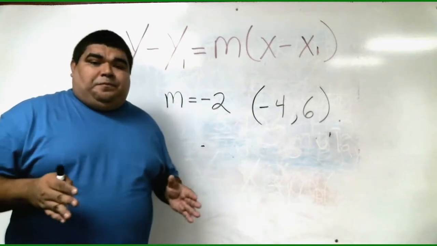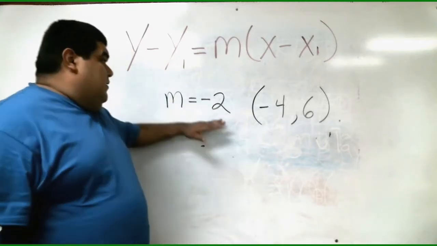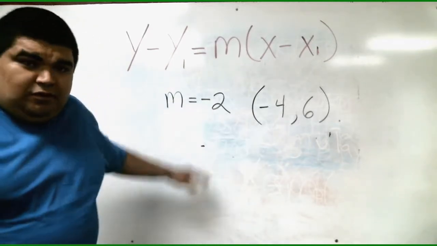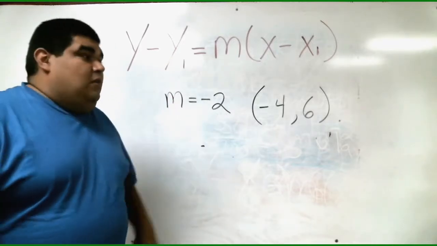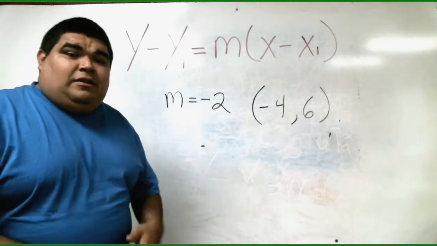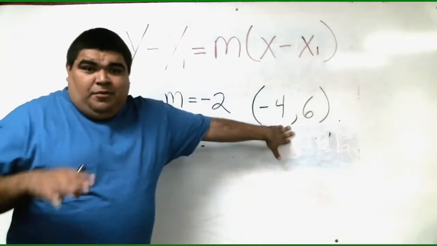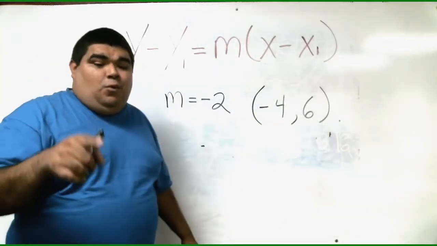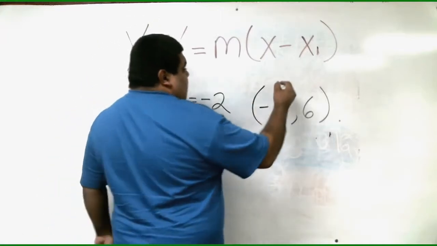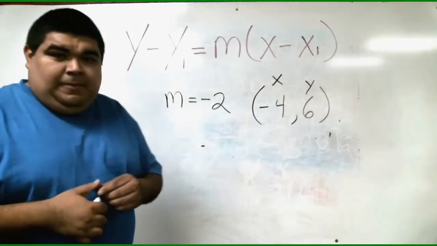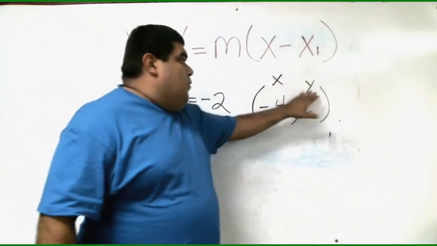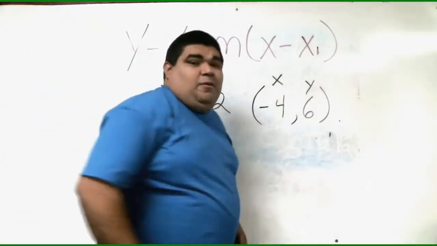Now, notice that your slope is already solved for, so you don't have to really use the equation on this one to solve for the slope. All we have to do now is label the coordinate. Remember, makes it easier, x and y. So we have x and y. Notice I don't put x1, y1 because there's only one coordinate right now.